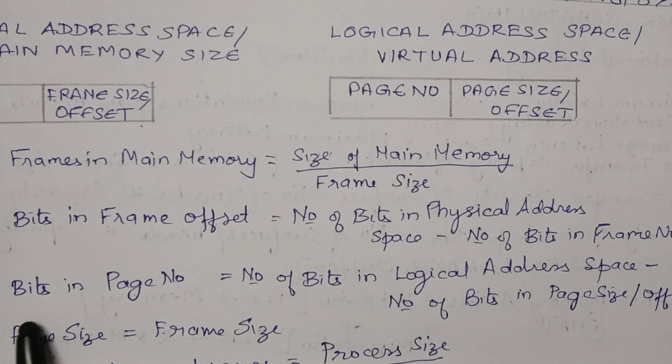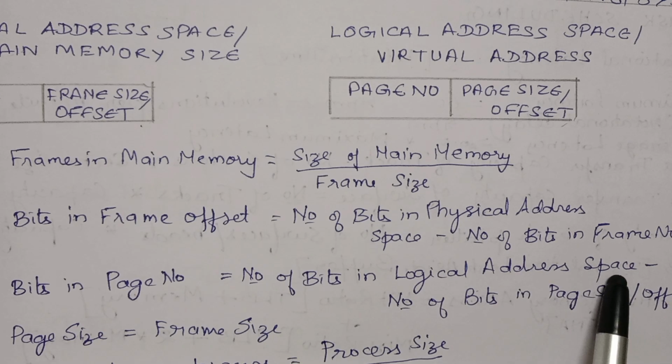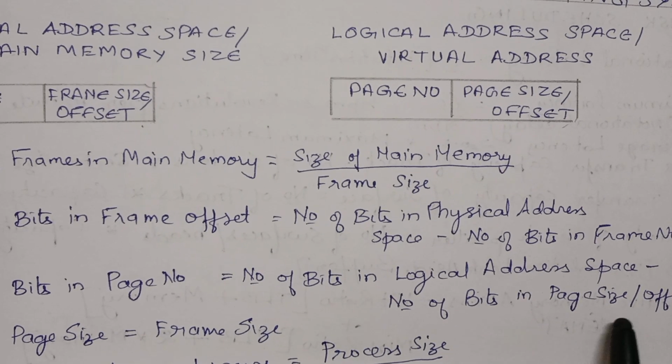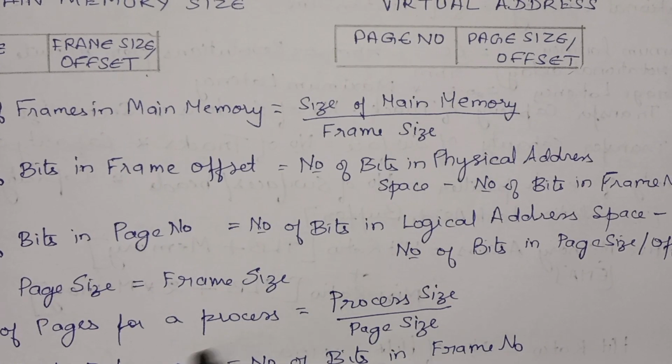The number of bits in the page number is equal to the number of bits in the logical address space minus the number of bits in the page size or offset. Normally, page size will be equal to frame size, and the number of pages of a process is equal to process size divided by page size.